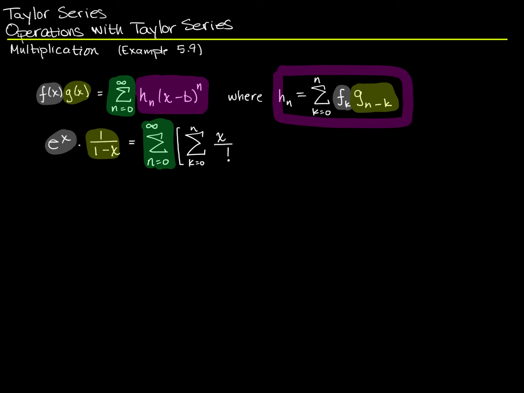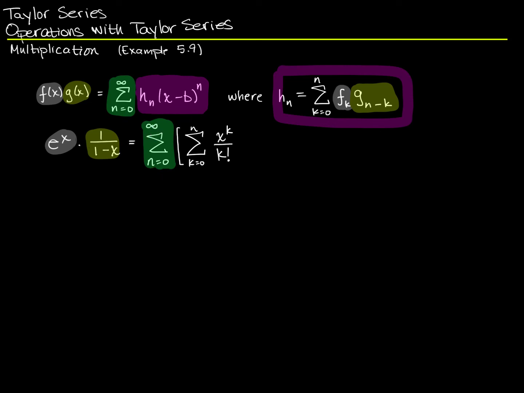And we're using the index k for our function f. So that's going to be k factorial, and it's going to be x to the power of k, times, where is my pointer, times the function g, but I'm not going to evaluate g all the way from 0. I'm only going to evaluate it between k and n. And remember that n will go to infinity.